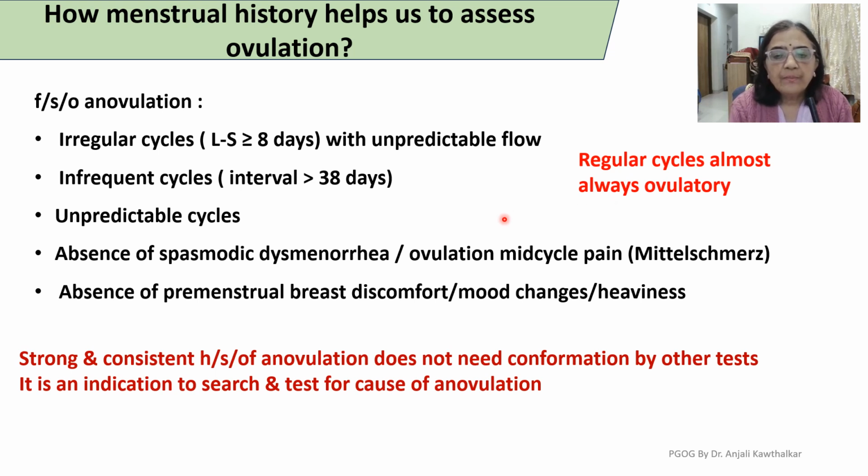If you see the reproductive guidelines, the WHO guideline, the UK guideline or the American guideline, all are suggesting the same: when it is a consistent, classical history suggestive of anovulation, there is no need to do further testing for confirmation of anovulatory infertility. Regular cycles almost always are ovulatory, though rarely there are women in whom, in spite of regular cycles, there can be anovulation.